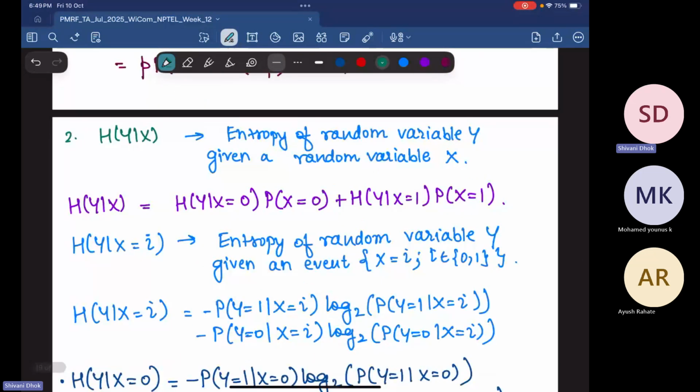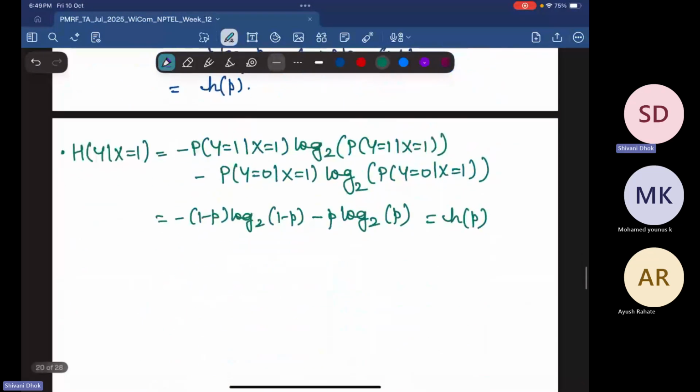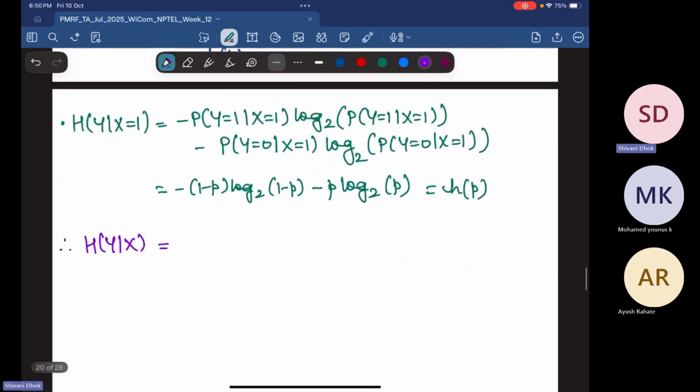I can substitute them back in H of Y given X. Therefore H of Y given X comes out to be equal to H of Y given X equal to 0, which is h of p, into probability that X equal to 0, plus H of Y given X equal to 1, which is again h of p, into probability that X equal to 1.